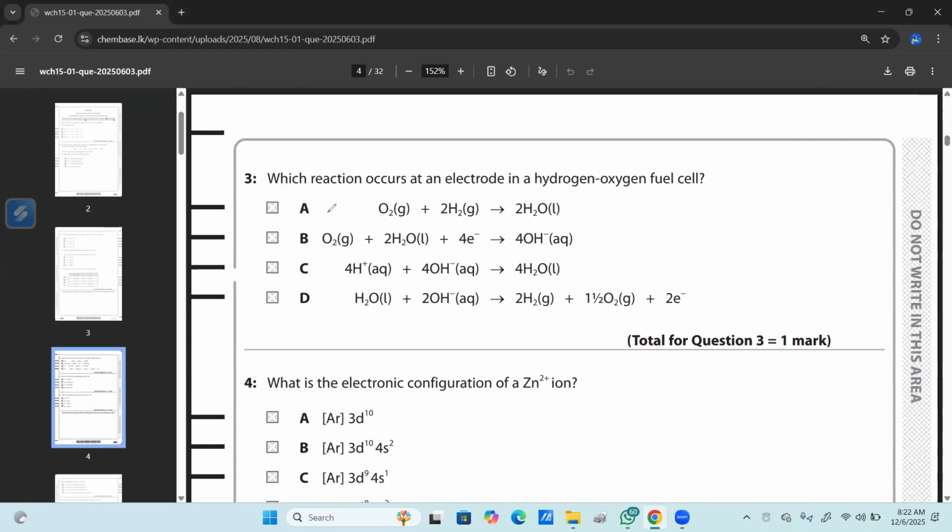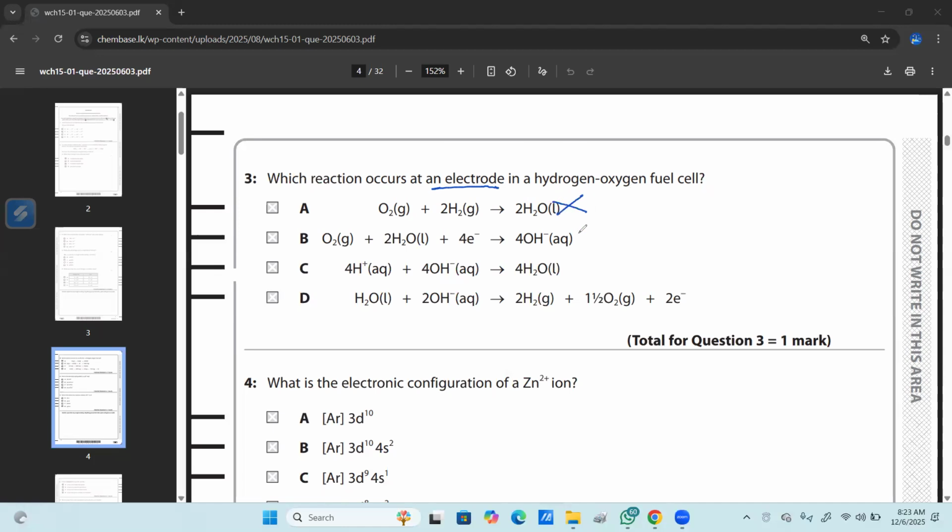Which reaction occurs at the electrode in a hydrogen-oxygen fuel cell? So that is direct theory, children. Remember, it says at an electrode, so it should be a half reaction.